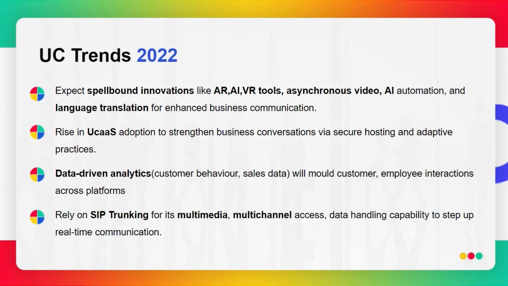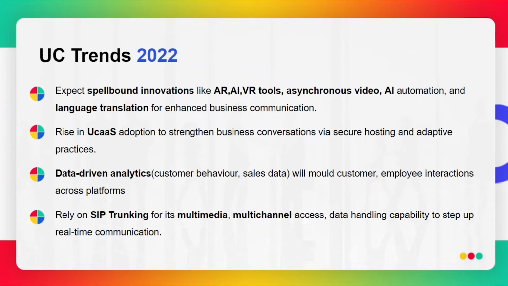Majorly you can see AR, AI, VR tools, asynchronous videos, AI automation, and language translations. These are some of the enhanced business communication tools which most people are working towards, to move unified communication to the next level and adapt their businesses.